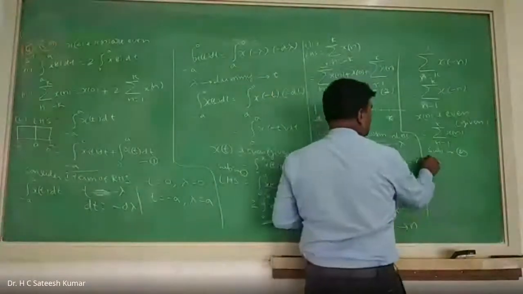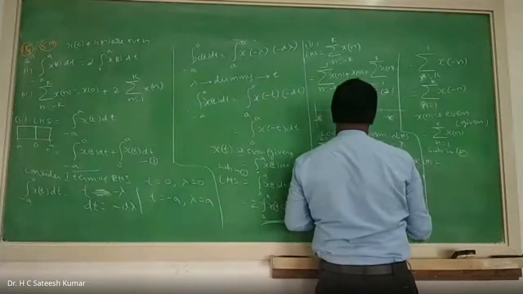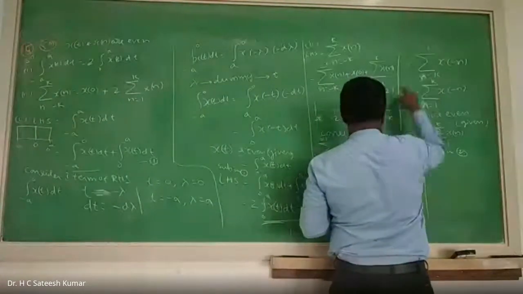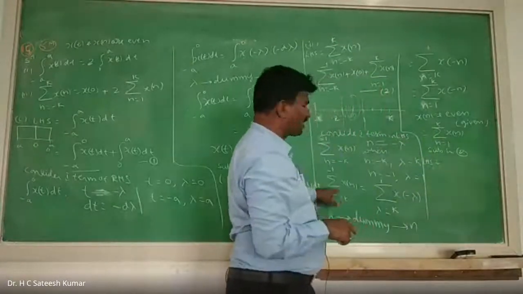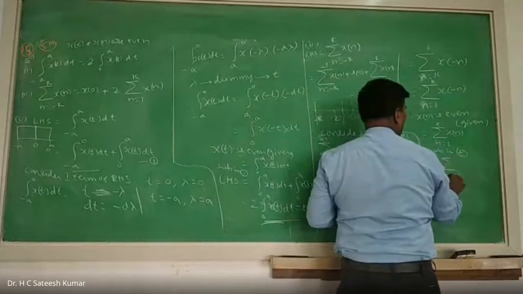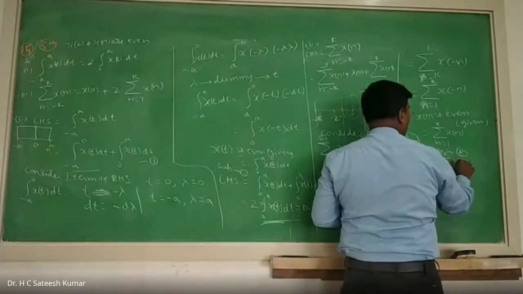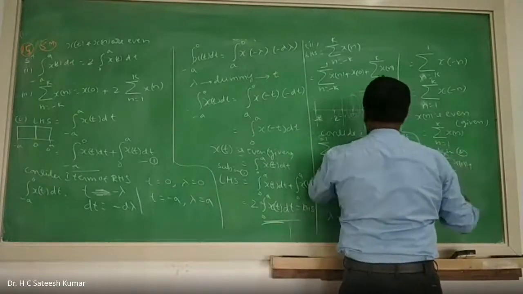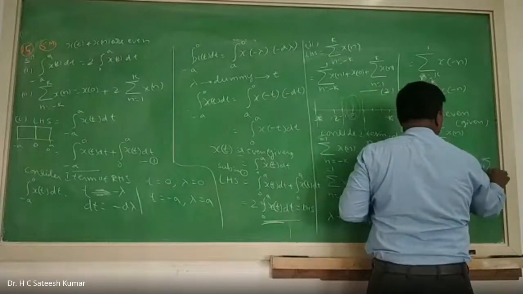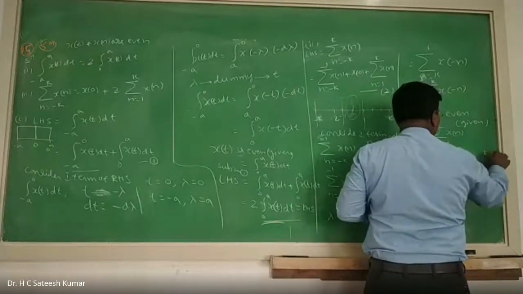LHS is equal to: the first term, minus k to minus 1, is nothing but 1 to k. Summation n varies from 1 to k x of n plus x of 0 plus summation n varies from 1 to k x of n.